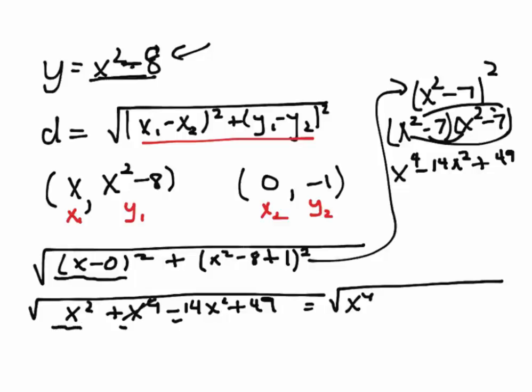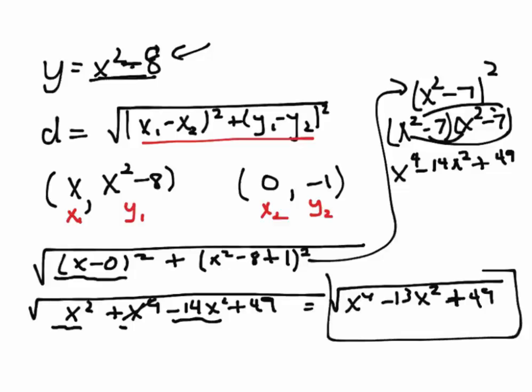Positive 1x squared minus 14x squared would be minus 13x squared plus 49. Okay, so just to express that distance, my answer is this. And I'm going to keep that in mind.